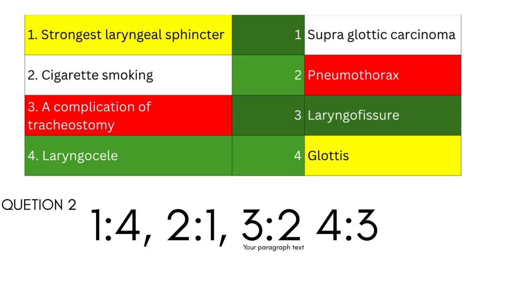Each column had four parts, and the corresponding statements were opposite in the second column.